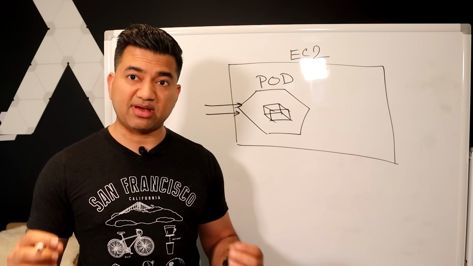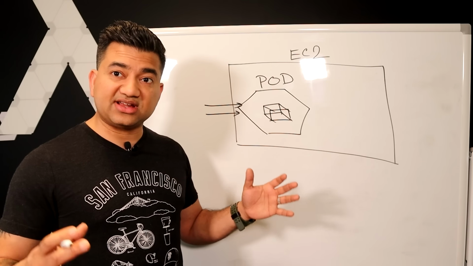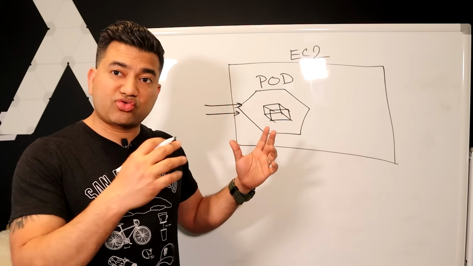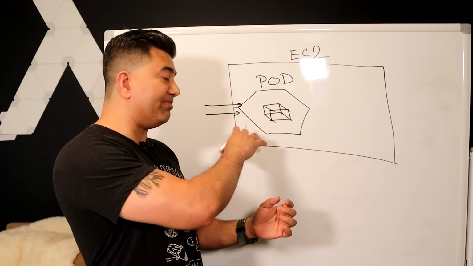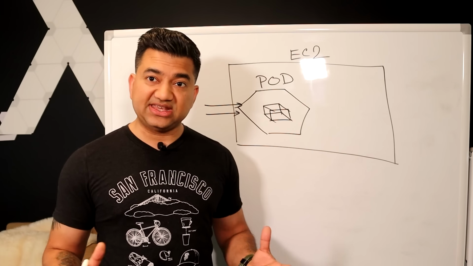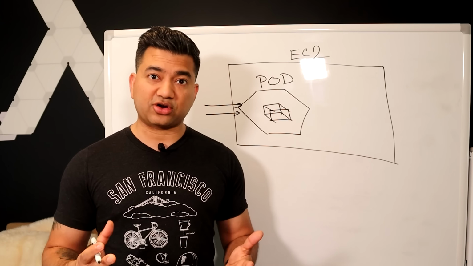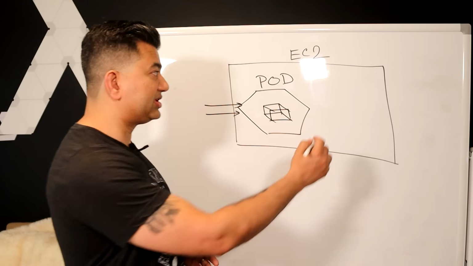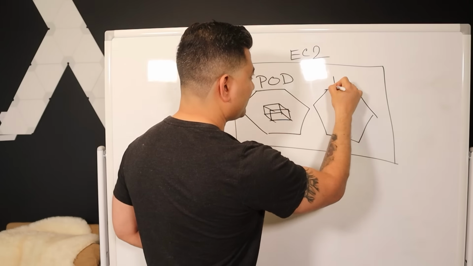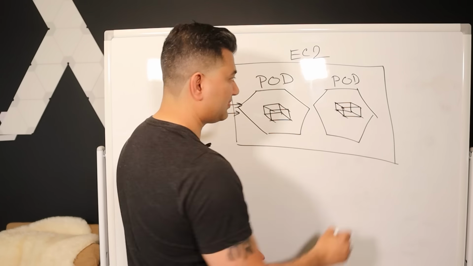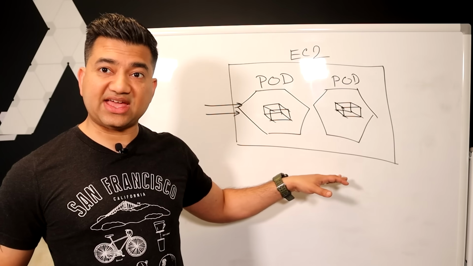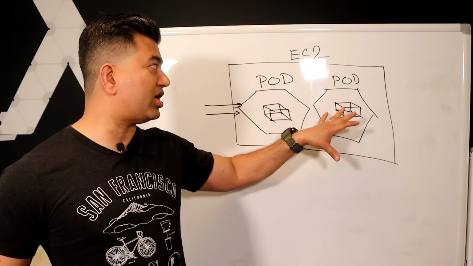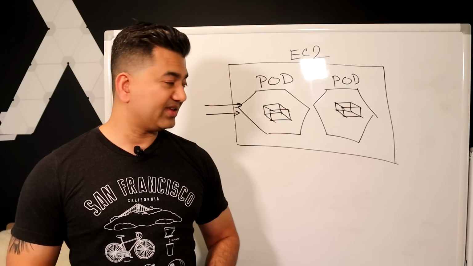Now the tricky thing to remember is, during horizontal scaling of this container, it does not create another container in the same pod. The smallest unit of scaling for Kubernetes is the pod. So what it will do is create another pod within that EC2 node with your container running, so this pod will start getting traffic.